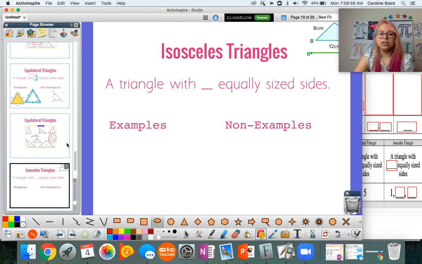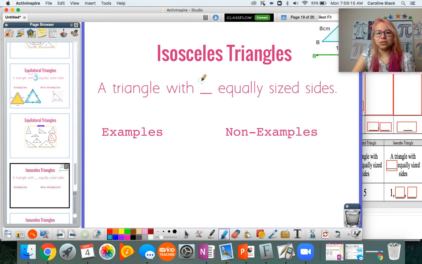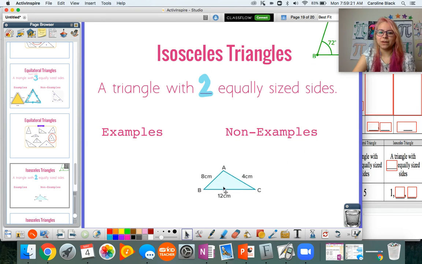And our last triangle type is an isosceles triangle. An isosceles triangle is a triangle with at least 2 equally sized sides. So we need to have 2 equal sides. Okay, I have 8, 4, and 12.